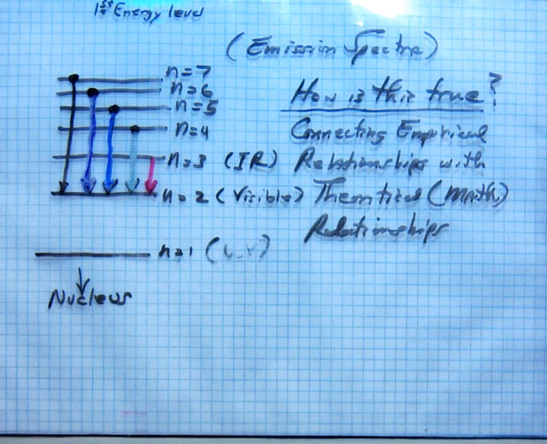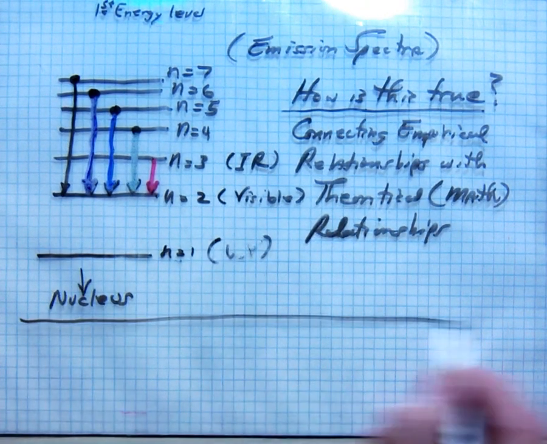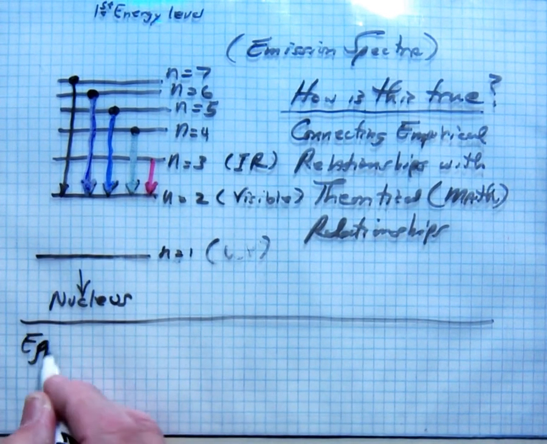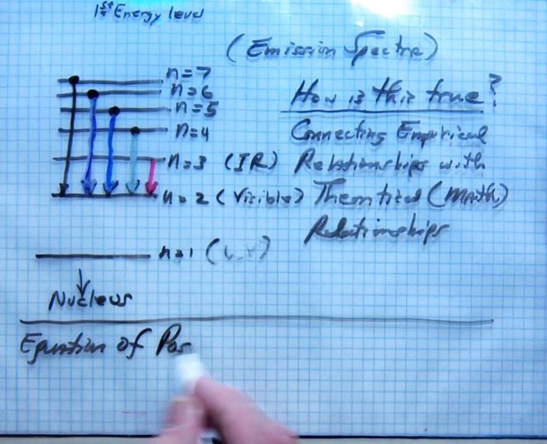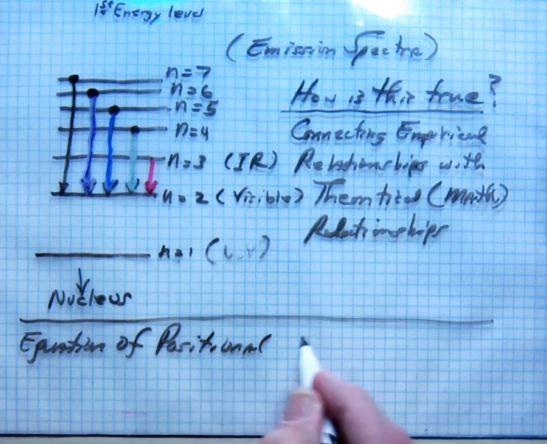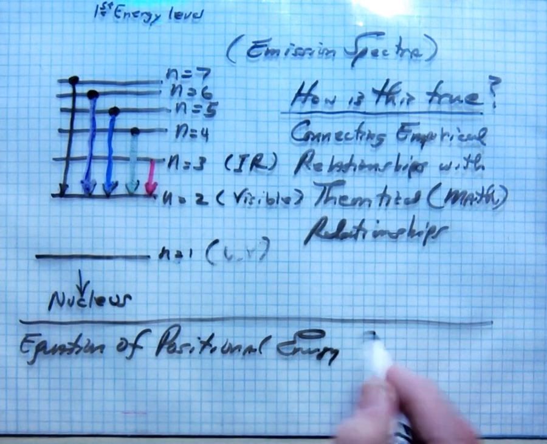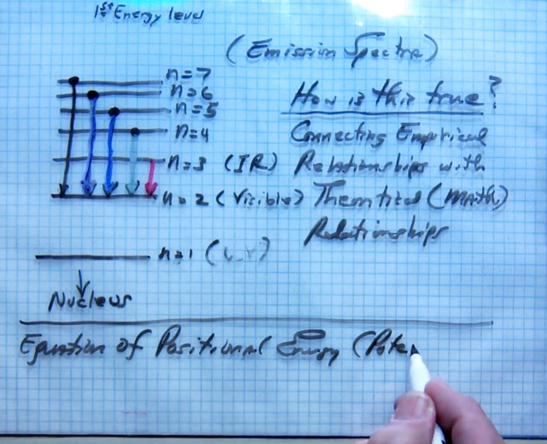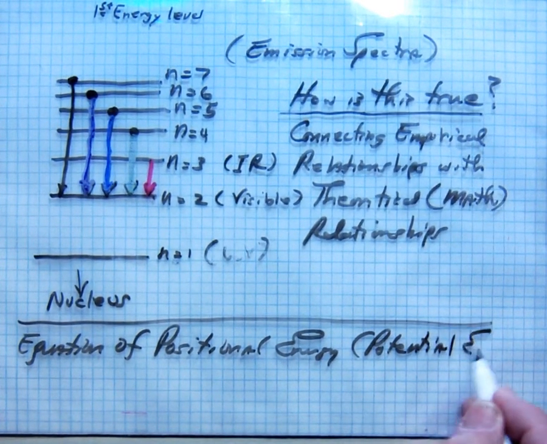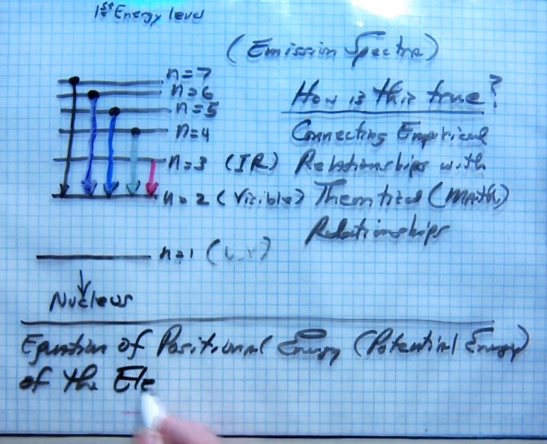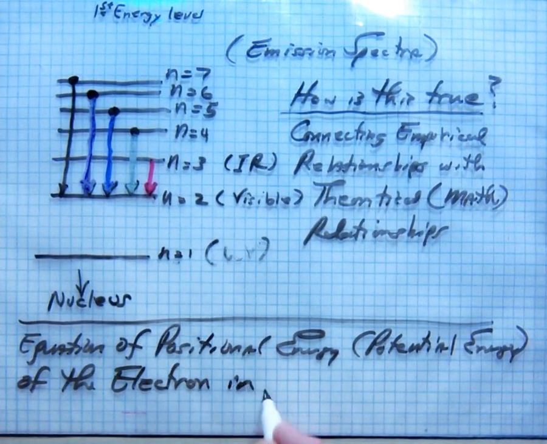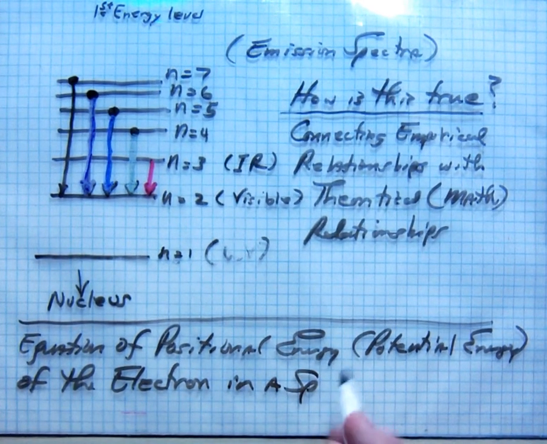And that same equation will predict that if the electron is in n equals 3, it's going to have so much extra energy. Okay? So what we're going to do is the equations of positional energy. That is the potential energy of the electron in a specific energy level.